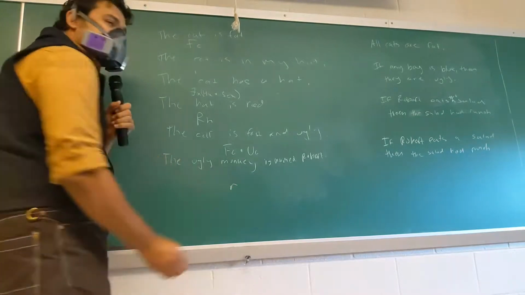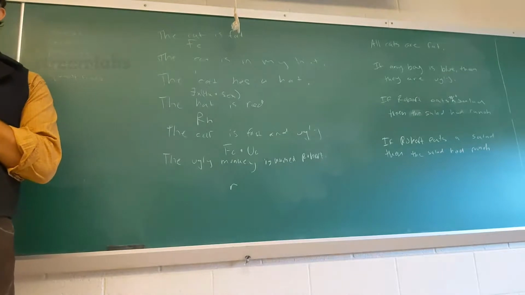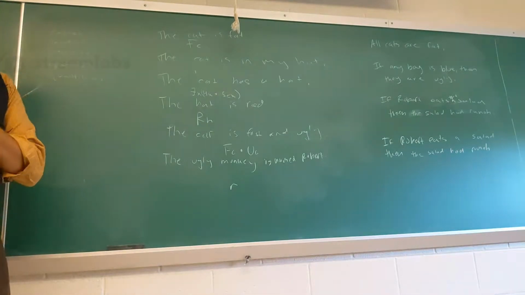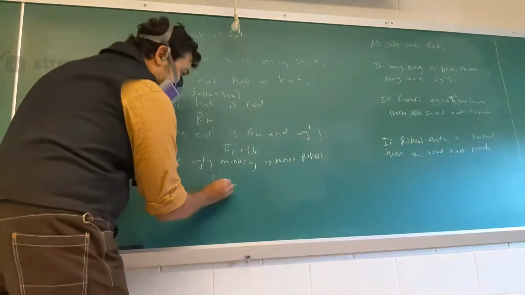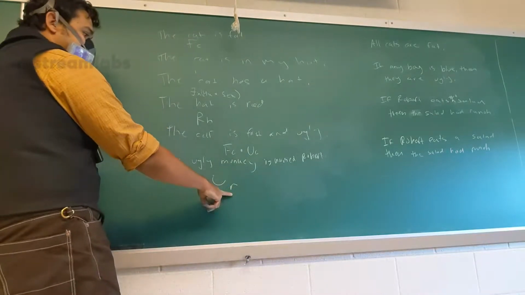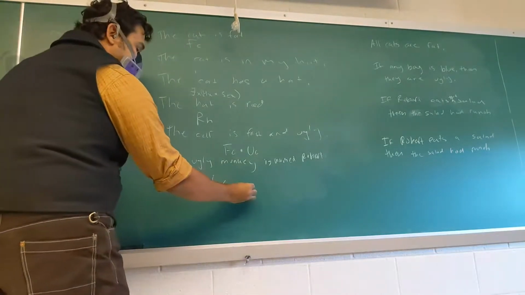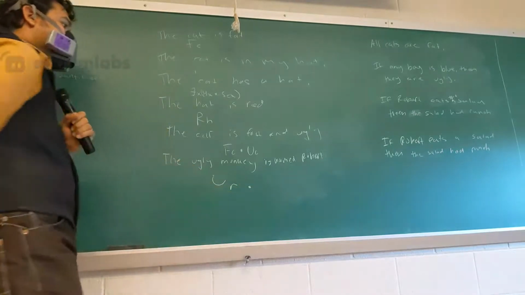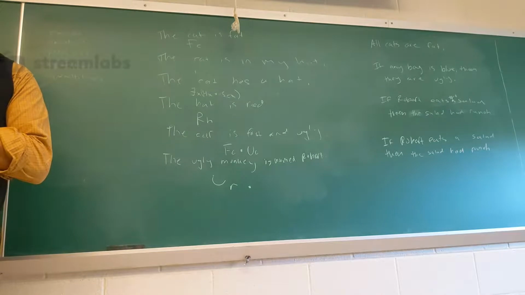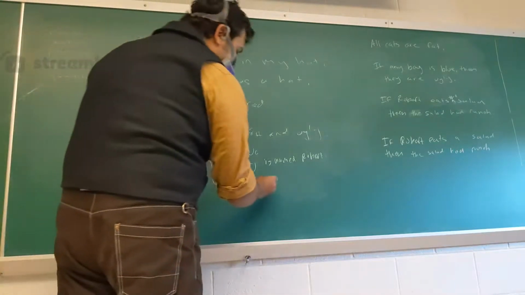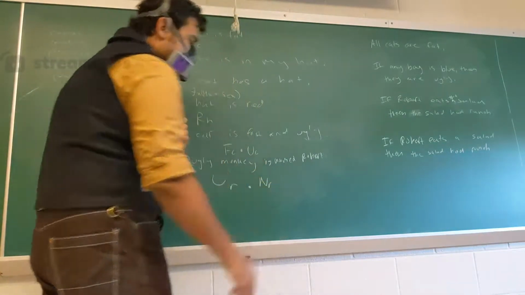Let's just say R, because we know his name is Robert, right? The monkey Robert, R. Now, what is the property here? Ugly is the first one, so this monkey Robert is ugly. And what's the other property? Named Robert. His name Robert. Let's just say N R.